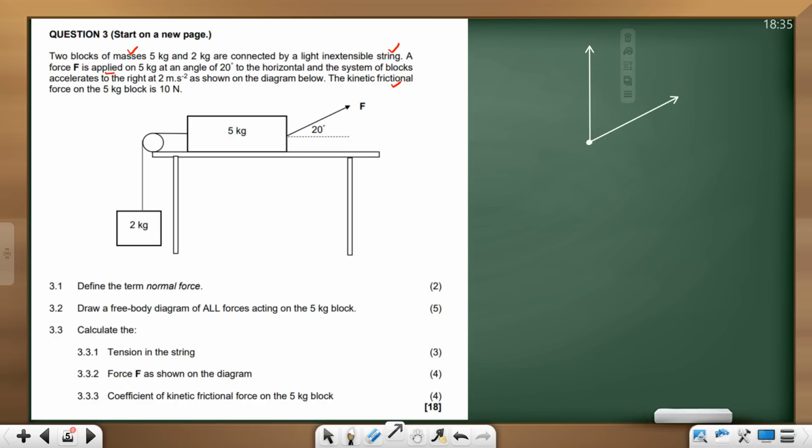Where is my tension? To the right or to the left? To the left, because it's being pulled by the 2 kg. Where is friction? Right or left? Why left?